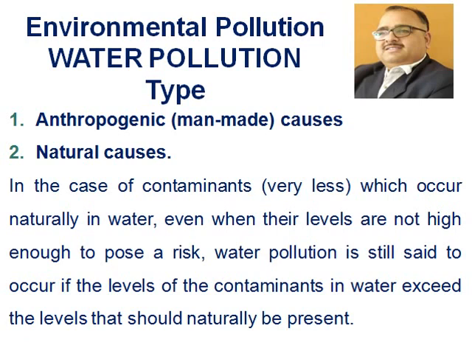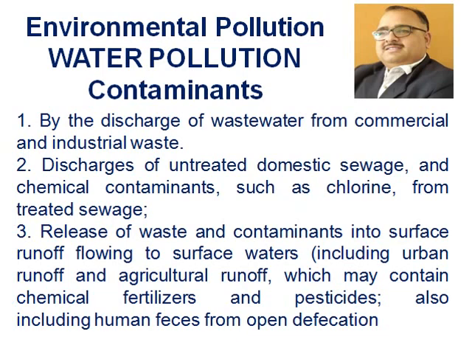So nature is not causing that type of contamination which is a risk to humans or other organisms. In the natural case, contamination occurs when the normal concentration of the pollutant increases, but it won't risk anyone. So what are the different contaminants observed in water pollution?